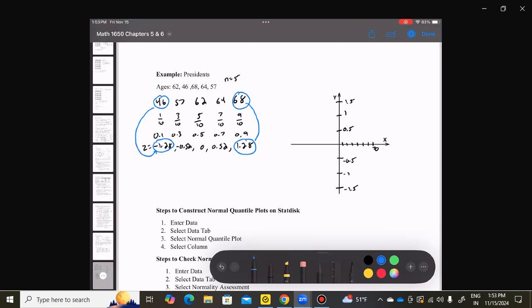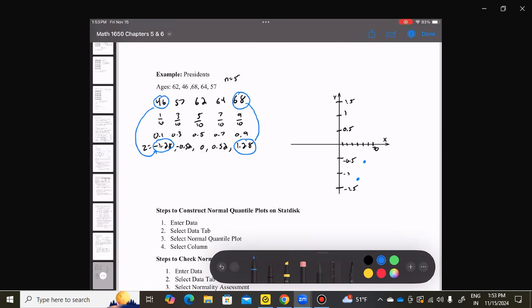So 40, about halfway through, about here. Then 57 and negative 0.52, about halfway through that one, onto here.